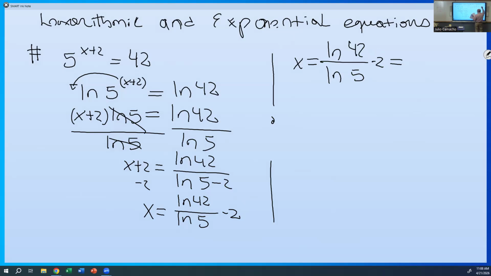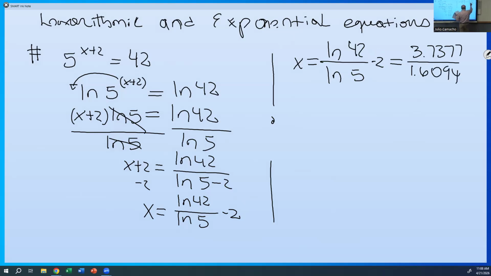The natural log of 42 is 3.7377. And then the natural log of 5 is 1.6094.